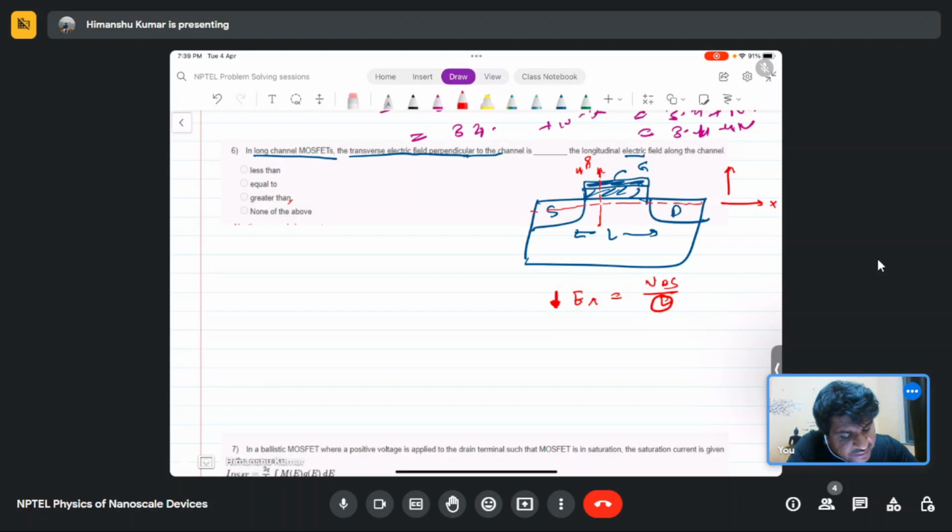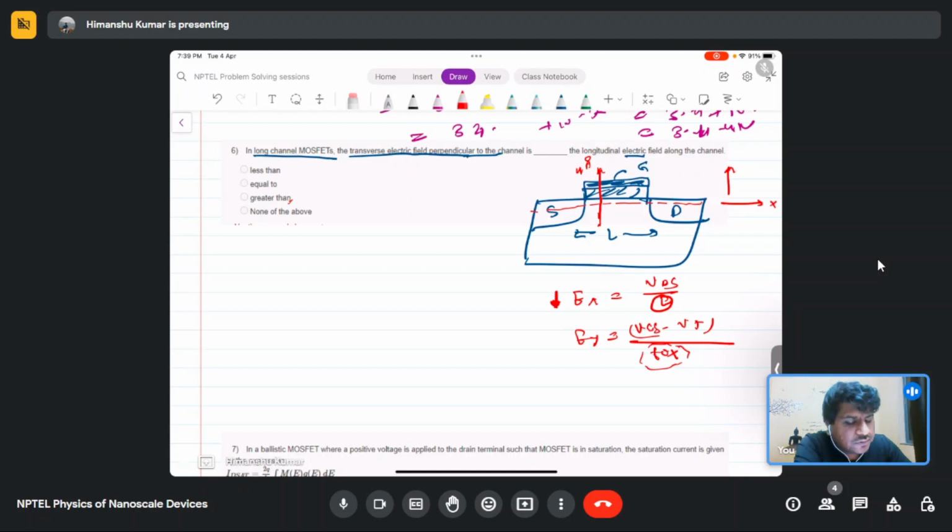So Ey will be equal to the voltage across this parallel plate capacitor, VGS minus VT divided by Tox. Since the oxide thickness is very small, even if we consider VGS equal to VT, the field in the horizontal direction will be very small compared to the field in the vertical direction.